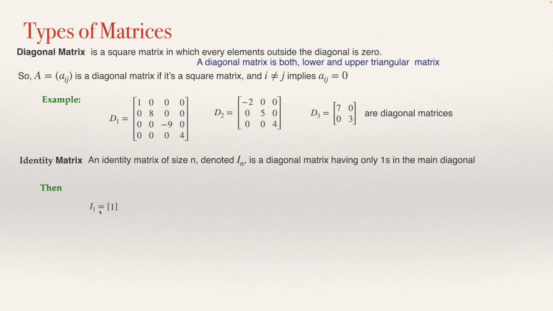So for example, I sub 1, the identity matrix of size 1, will be the number 1. And this will be the identity matrix of size 2. There is only one identity matrix of size 2 because it has two conditions. It needs to be a diagonal matrix and also needs to have all the elements in the main diagonal equal to 1. We are going to call it I sub 2.